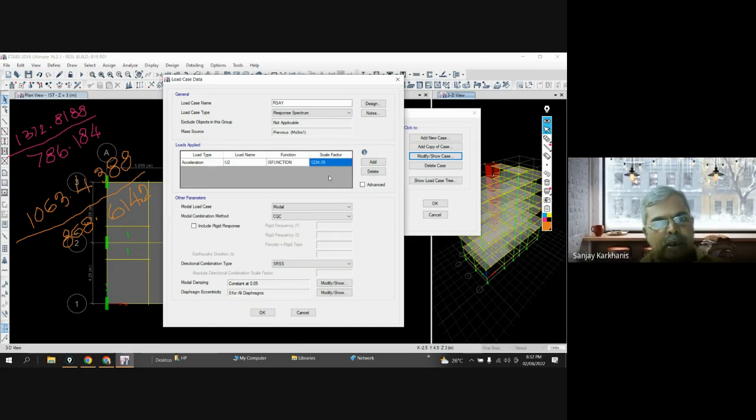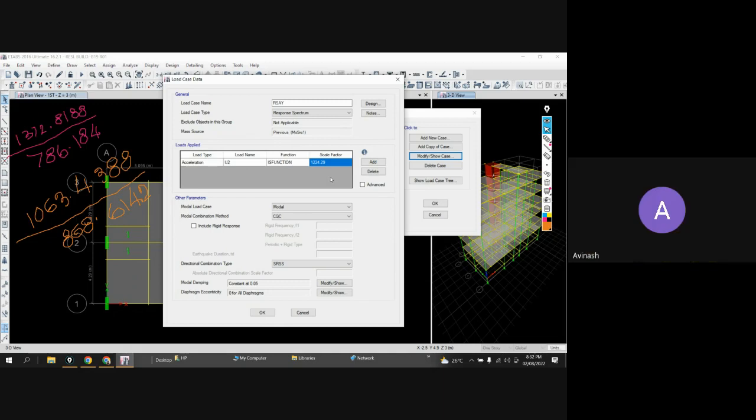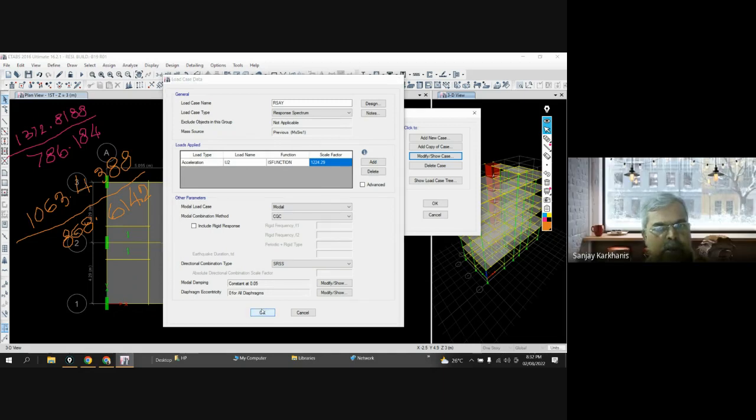Then I will enter and it will calculate that: 1224.29. Yes, sir.